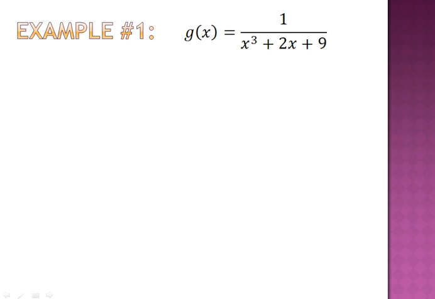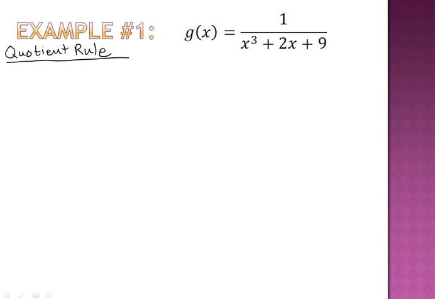I chose this example for two reasons. First, because you already know how to derive it using your quotient rule. And second, because I wanted you to see how the chain rule makes your work a little bit easier.